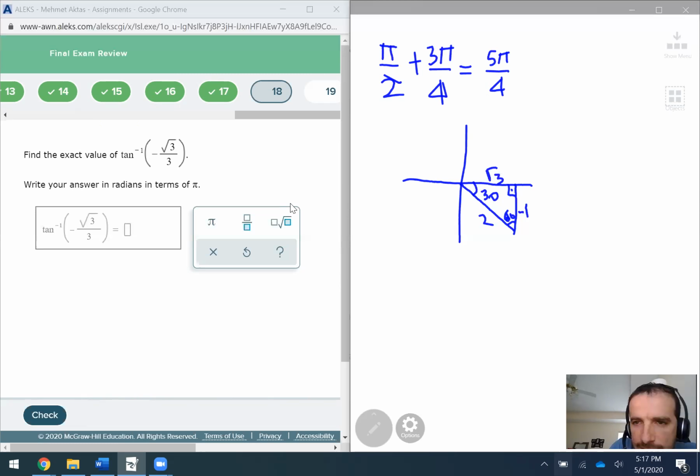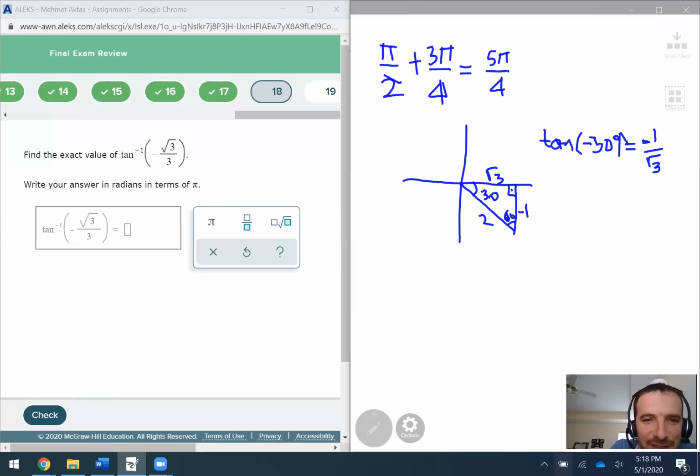So, and this angle is negative 30. So tangent of negative 30 equals negative, which is negative root 3 over 3, right?